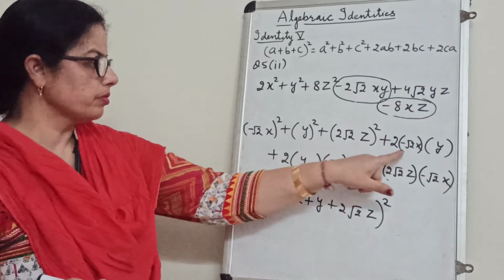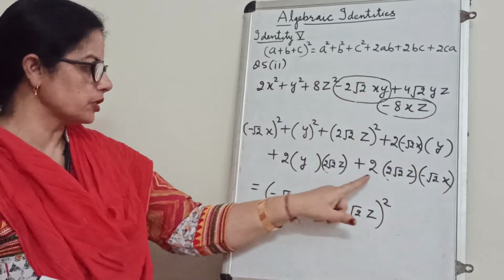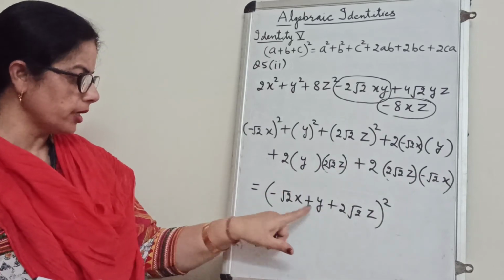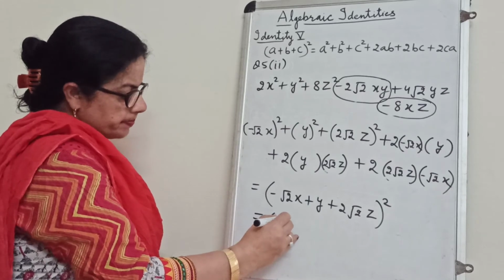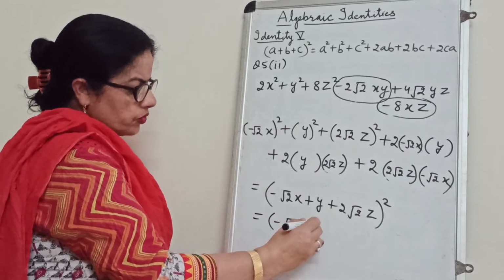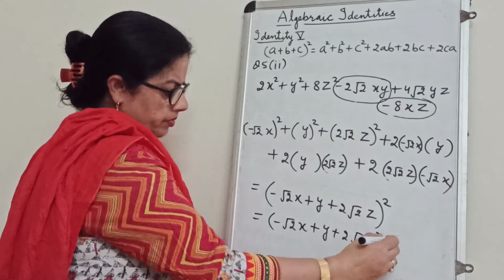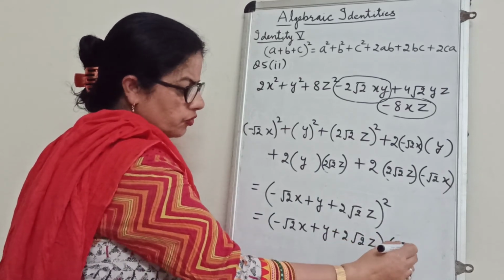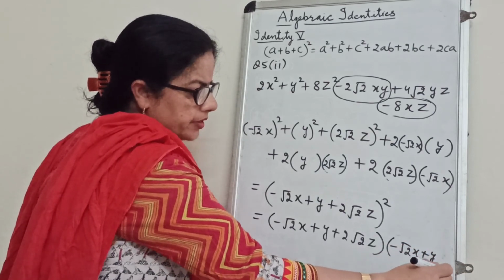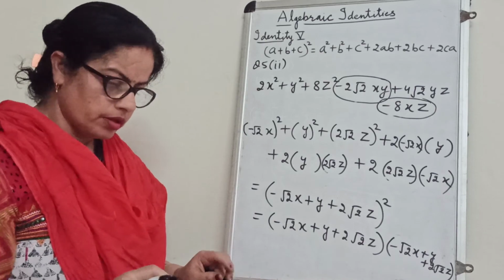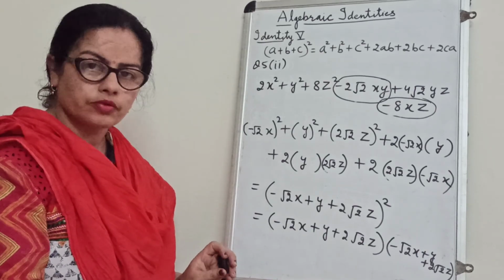Or we will write it 2 times: minus root 2x plus y plus 2 root 2z, minus root 2x plus y plus 2 root 2z. So you can do question number 5 of this exercise. Okay. Thanks.